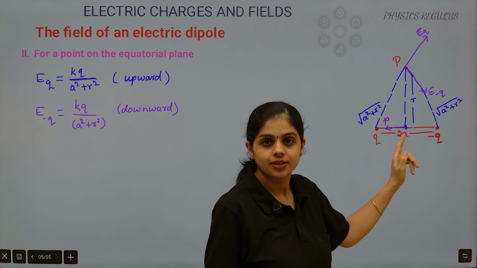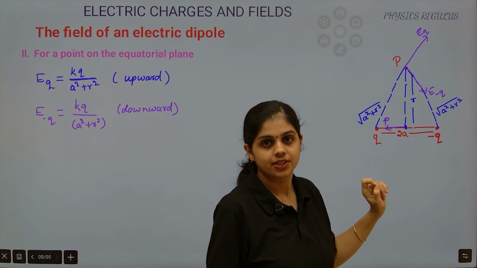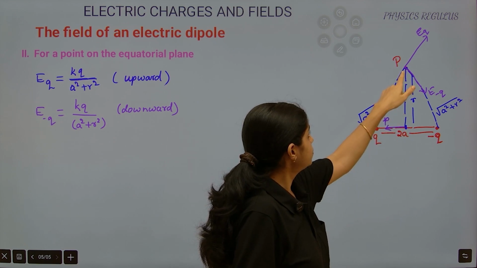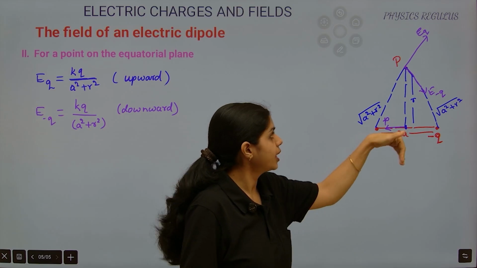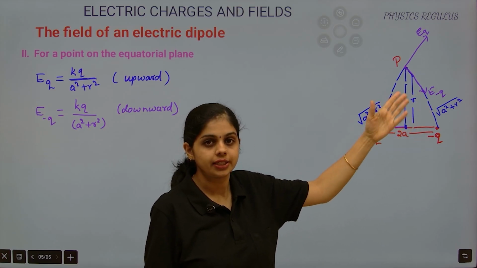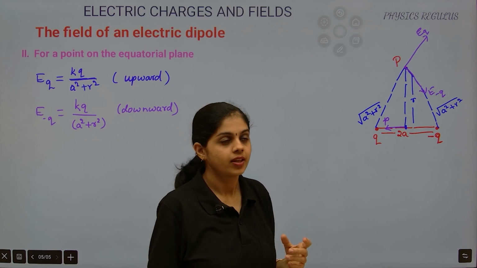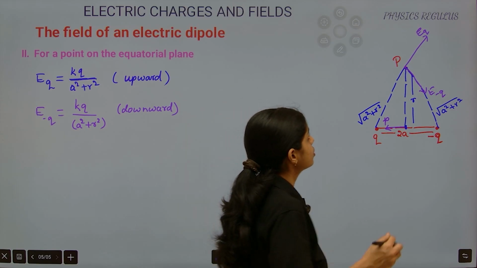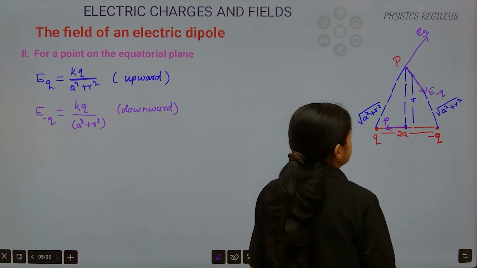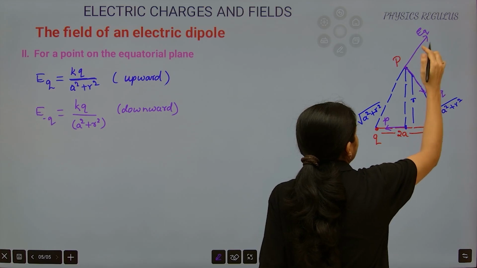Now, we should find resultant electric field. Since point P is outside the straight line, it is outside the axis, hence resultant includes angle. To get resultant, we should resolve these two vectors. Resolve vector E_Q.